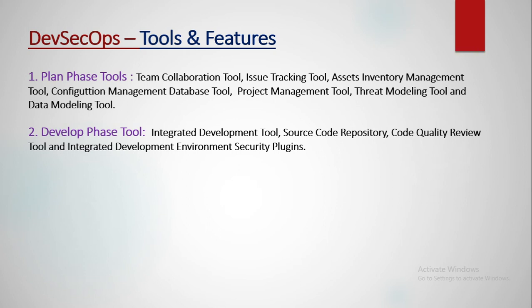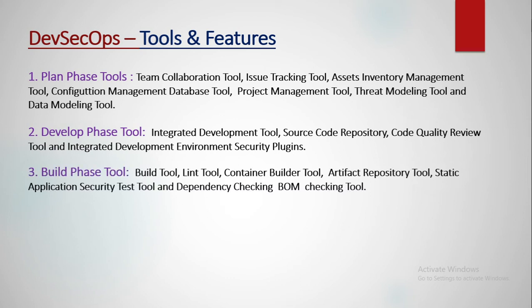Next one is development phase tools. In the development phase, we can use integrated development tools and source code repository tools. Also, by using these tools we can get a few benefits, such as improved efficiency through visual representations, increased bug fixing speed, and file comparing facility.